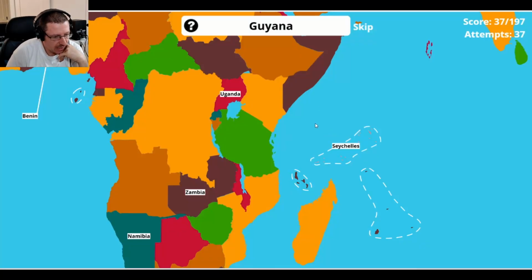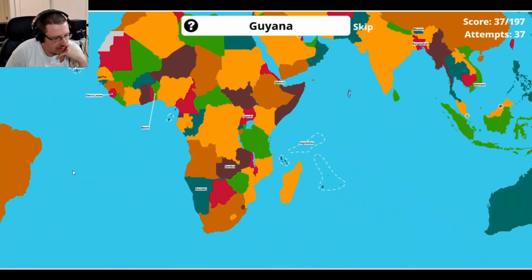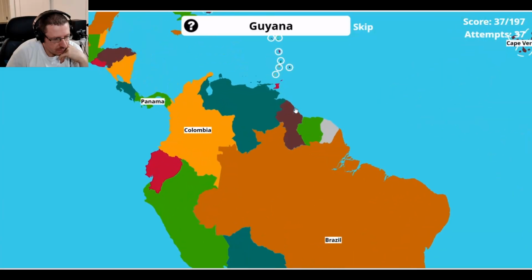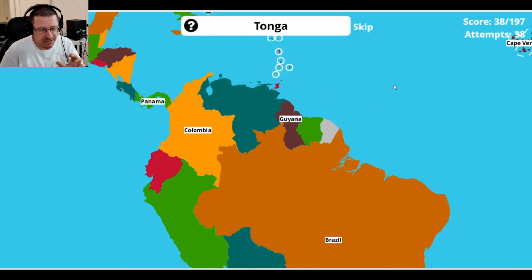Okay. Guyana. Guyana is in South America. Guyana is home to the tallest single drop waterfall. I tried to look it up, and I think it's a waterfall that just starts and stops from one point to another, a free-falling water.